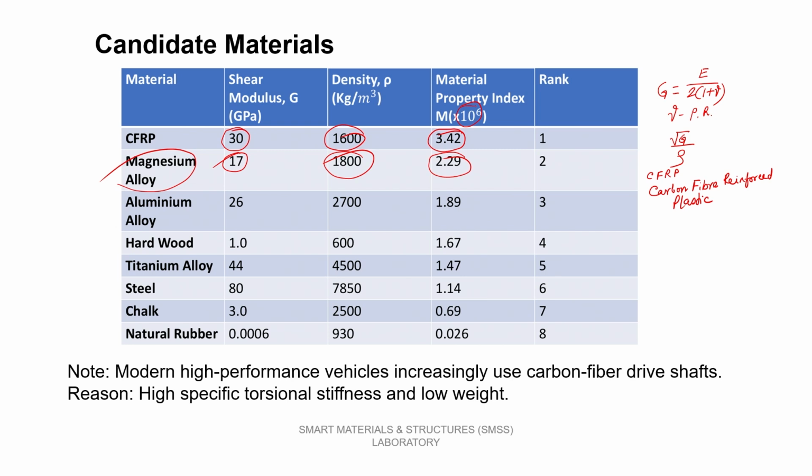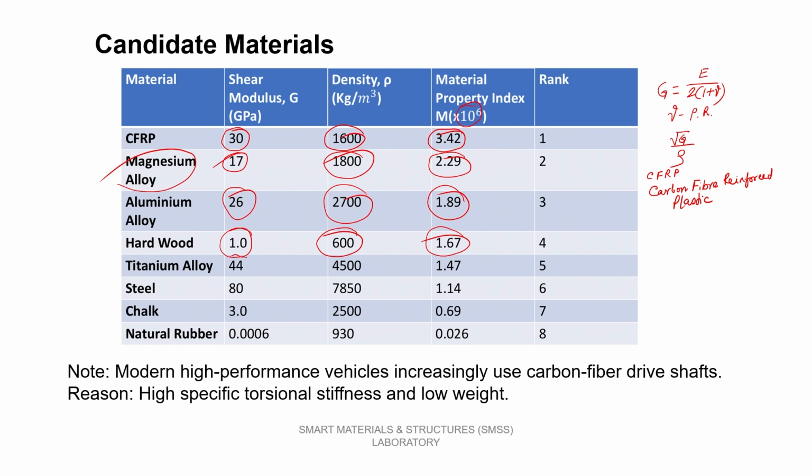The next possibility is aluminum alloy, which has 26 gigapascal of shear modulus, higher than magnesium alloy, but the density is also high. So, the square root of G by rho reduces this M to 1.89. Interestingly, wood is also a possibility, although it has 1 gigapascal of shear modulus, but it has very low density, 600. So, it will come out to be 1.67.